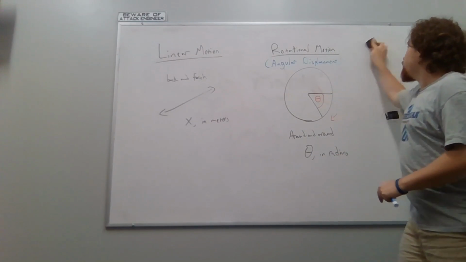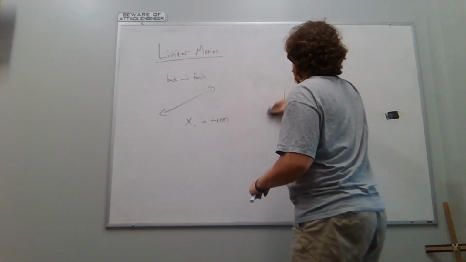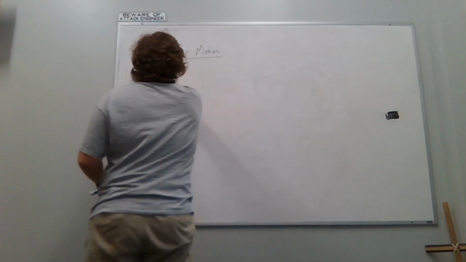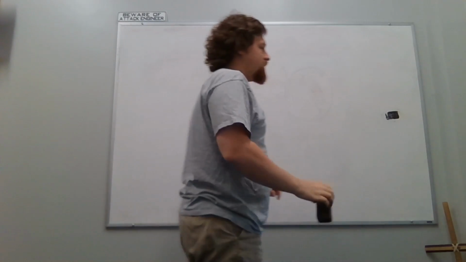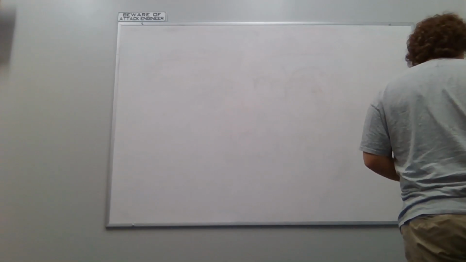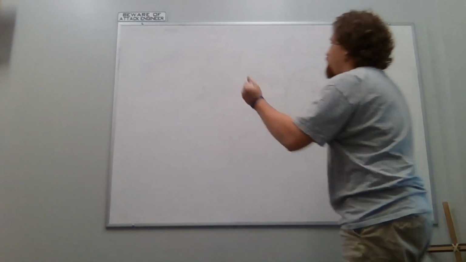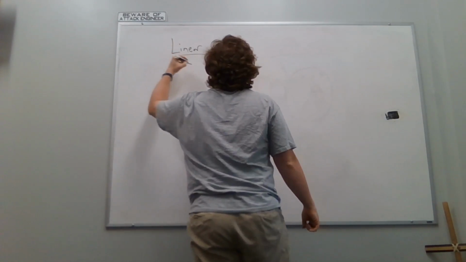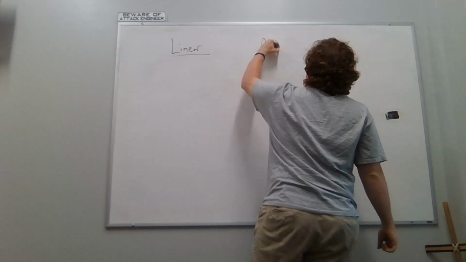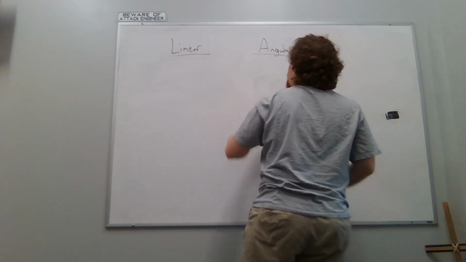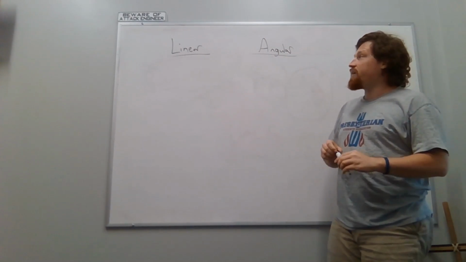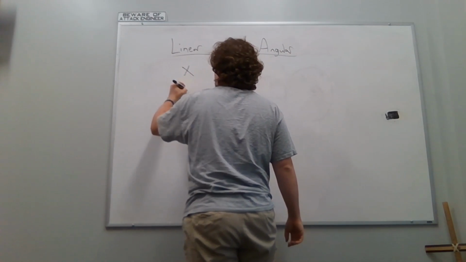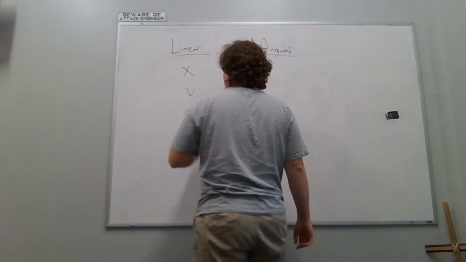I'm just going to clear the board real quick so that we can compare these angular quantities, these rotational quantities, to their normal linear counterparts. So, we have the linear world and we have the angular world. In the linear world, we have displacement, velocity, and acceleration.